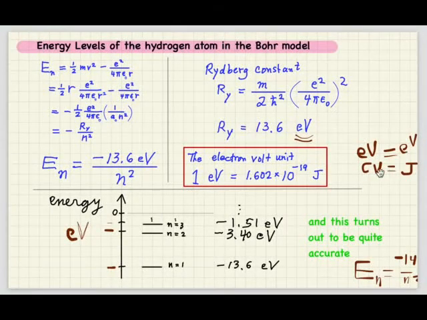Times Z squared. So I guess I have to make a little space here. Times Z squared. So suppose you had not hydrogen, but once ionized helium. A helium atom with one electron removed is a nucleus with charge 2e and one electron.